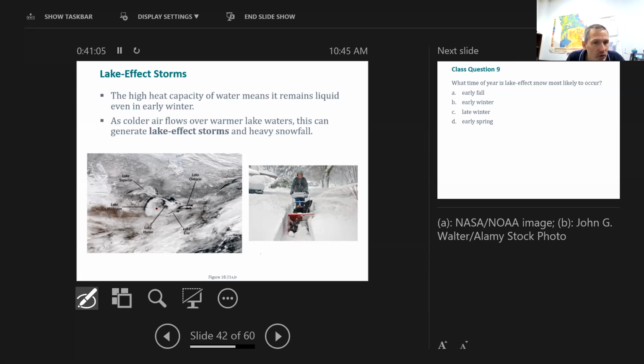As a result, if you are to the east of these Great Lakes, this high amount of water is going to be in the air, blowing from the west to the east. The air now is over this ground, which is going to be very, very cold compared to the water around it, and so it can start to condense. As a result, it's going to create this thing called lake effect snow.